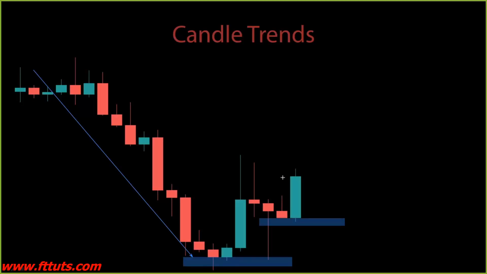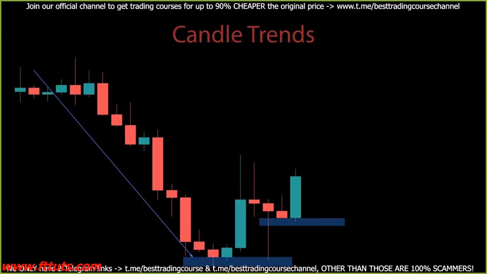Now I want some interaction here. When we're looking at these candles, is this a good time to buy right now? People are saying no, the stop is going to be too big. This is not a good time to buy right now. Price is moving like this.